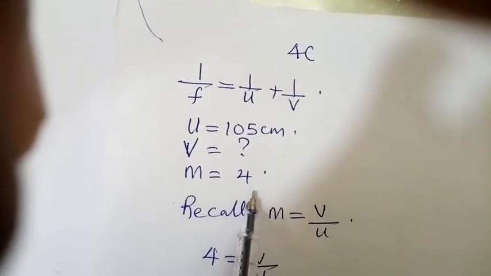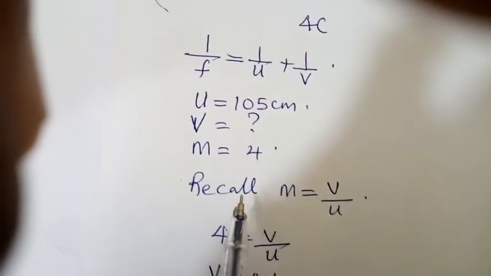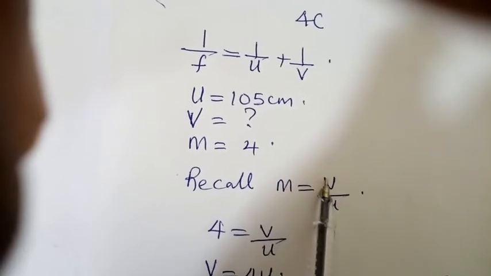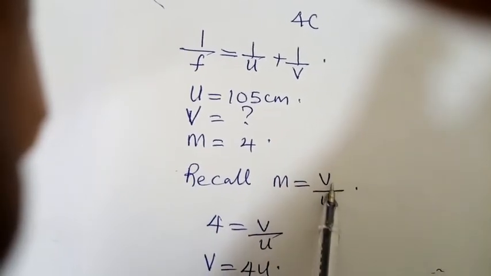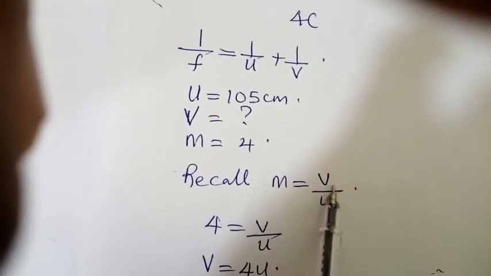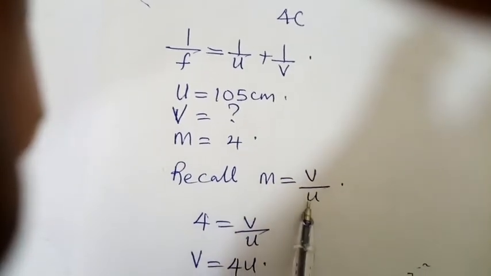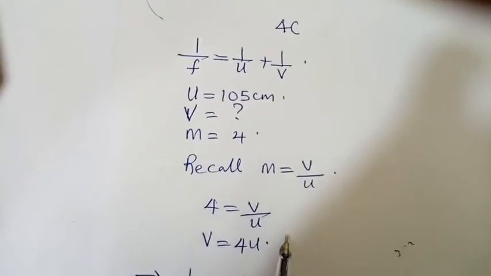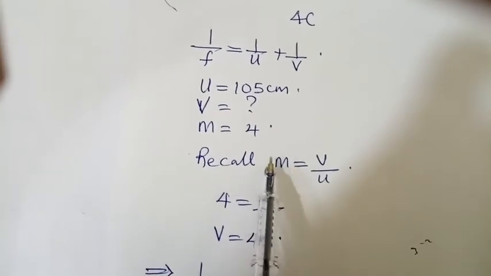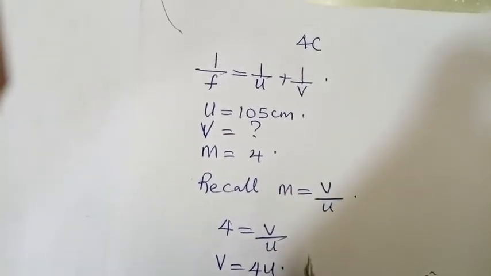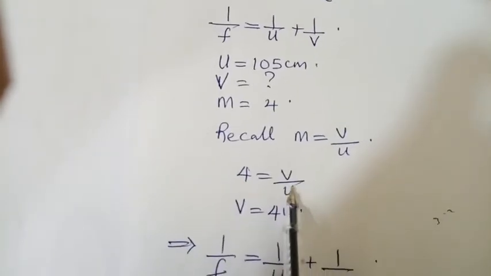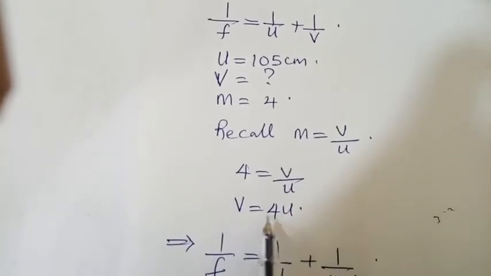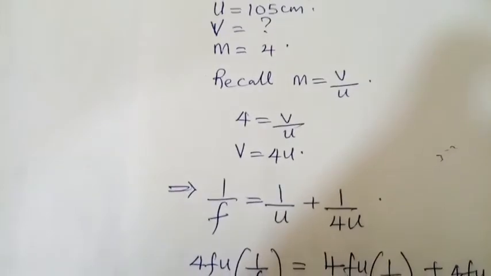Magnification does not have any unit. Recall that magnification is the distance of the image from the lens divided by the distance of the object from the lens. Since m is 4, we have 4 equal to V over U, so V equals 4 multiplied by U.